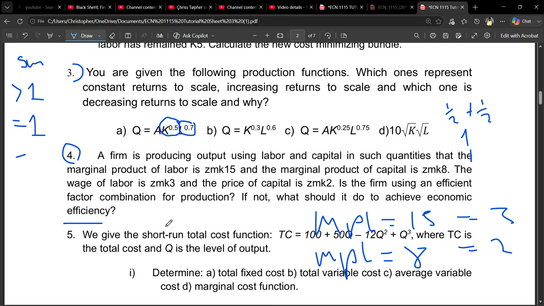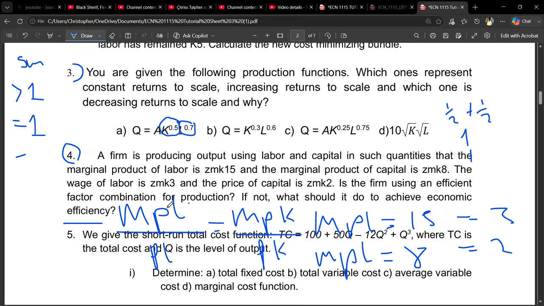So you use the marginal principle here. The marginal principle states that the marginal product of labor per dollar of that labor must be equal to the marginal product of capital per dollar of that capital. So we say the marginal product of labor over the price of labor is equal to the marginal product of capital over the price of capital.